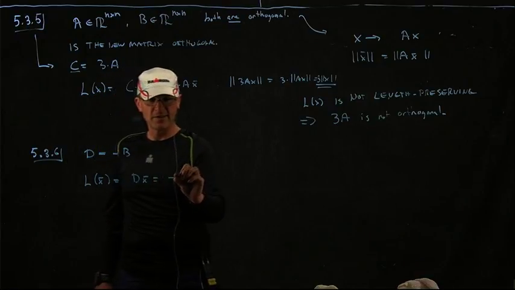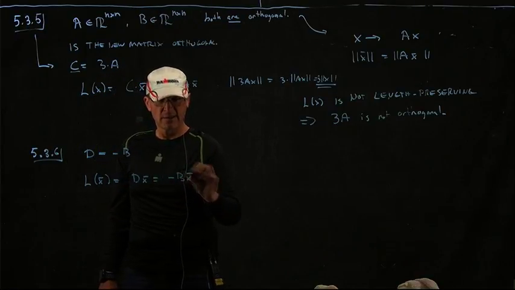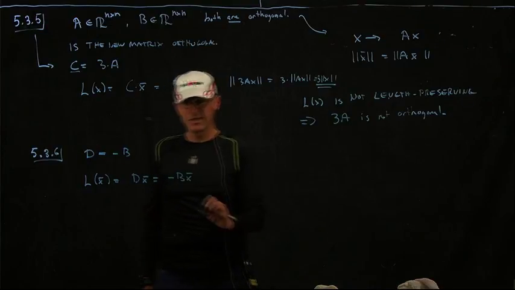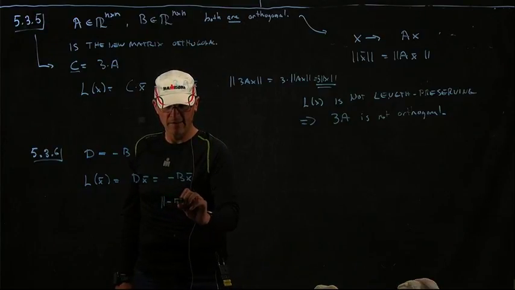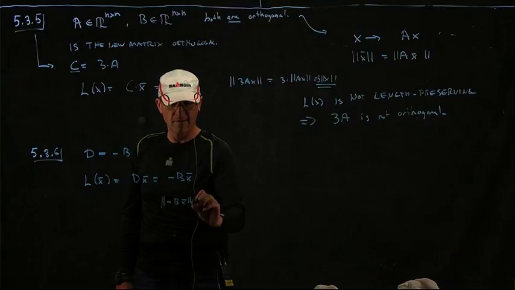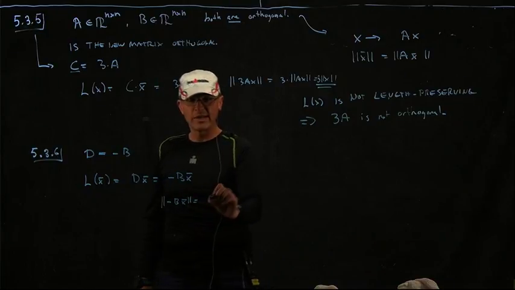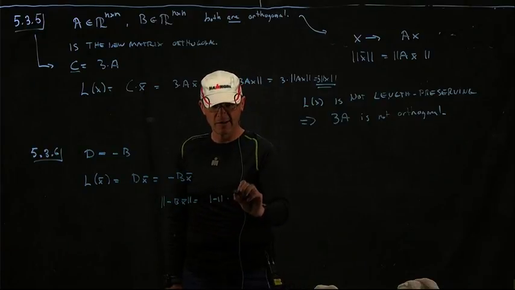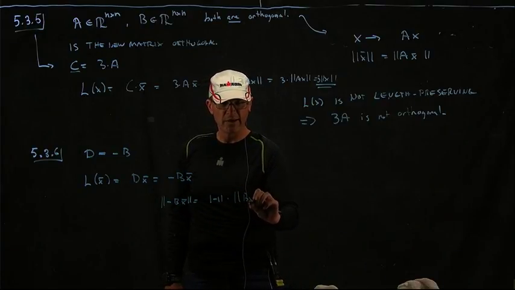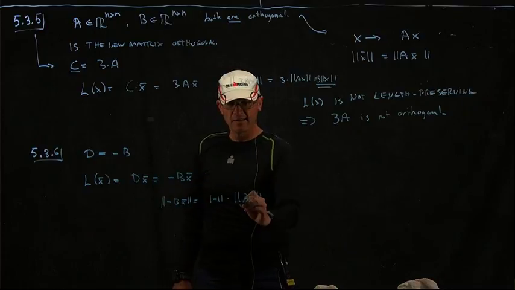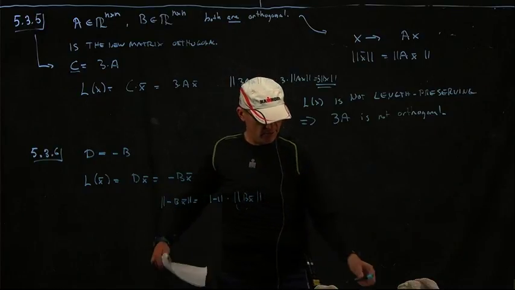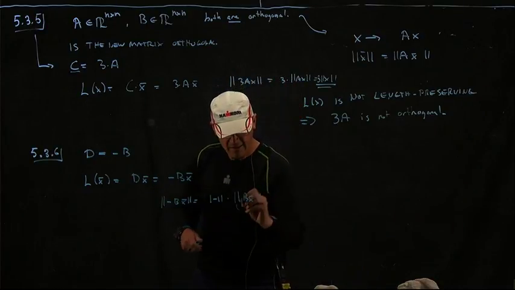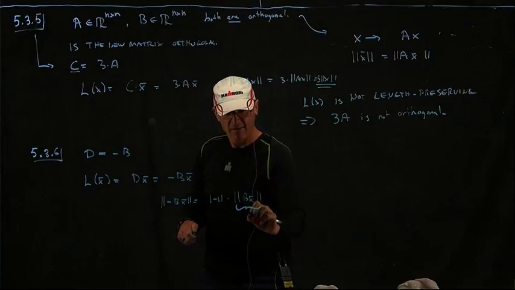Well, it's minus B times x. If we take the length of that, we pull out the constant, the absolute value of -1 times the length of Bx.